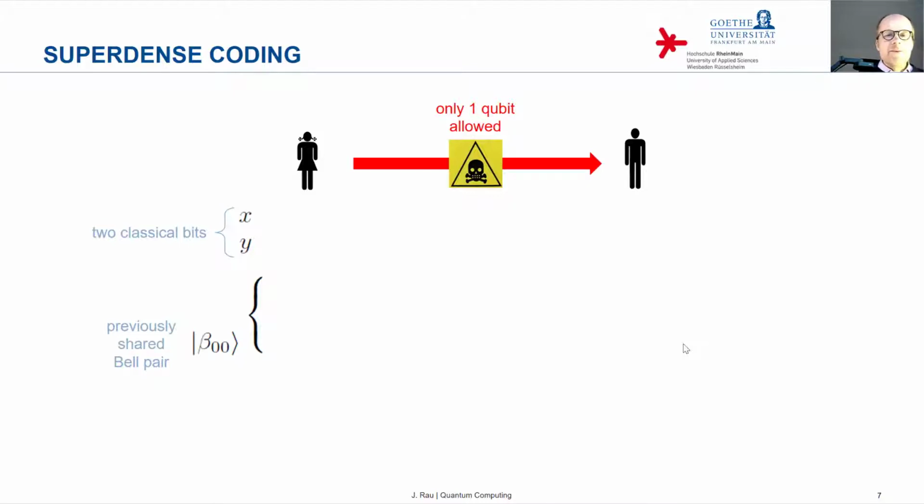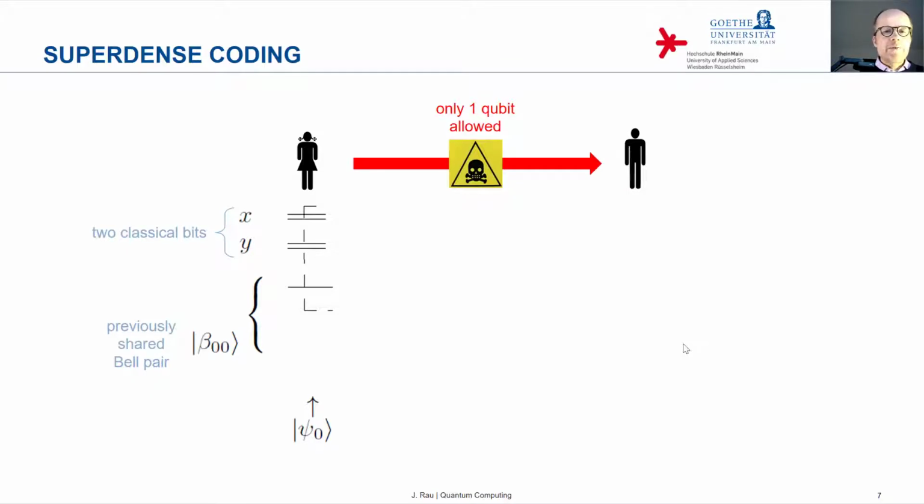Let me guide you through the protocol step by step. So the starting point are these two classical bits, designated with double lines, and the Bell pair in one particular Bell state, beta 00, and one of the members is in the possession of Alice, and the other member is already in the possession of Bob. So they did the sharing in the past.